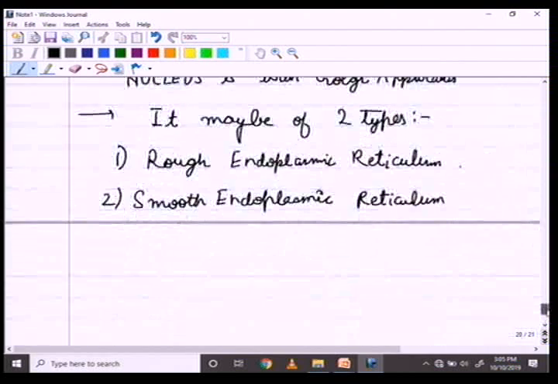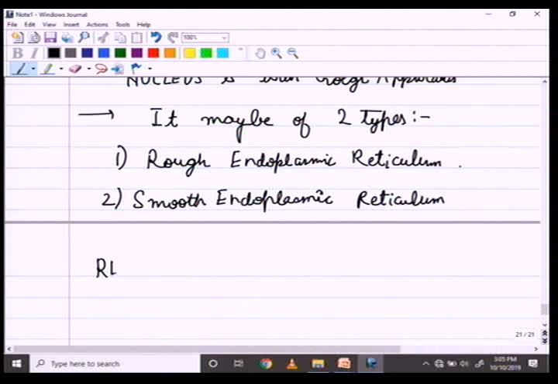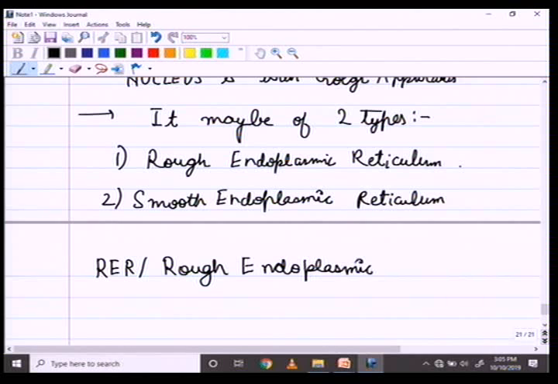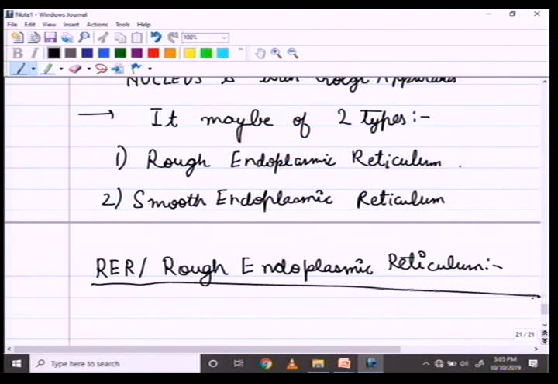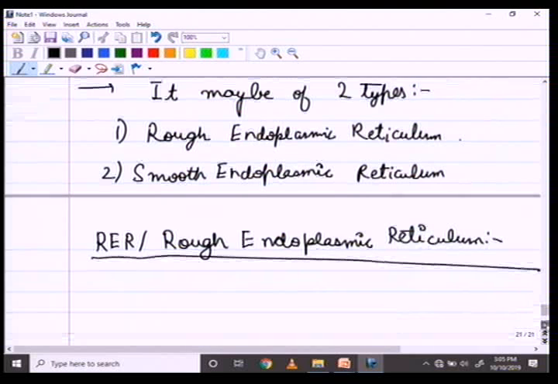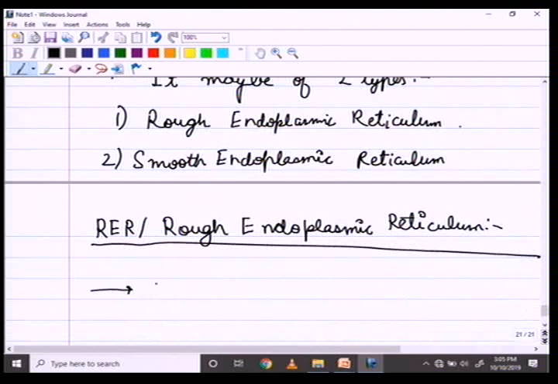So what does rough endoplasmic reticulum mean? RER, rough endoplasmic reticulum. It is having ribosomes on its surface.